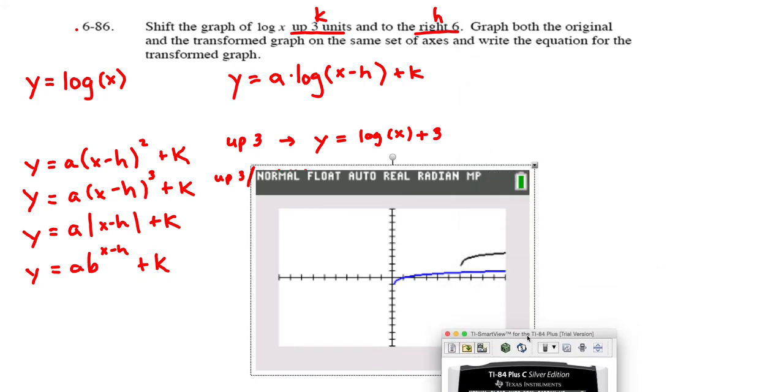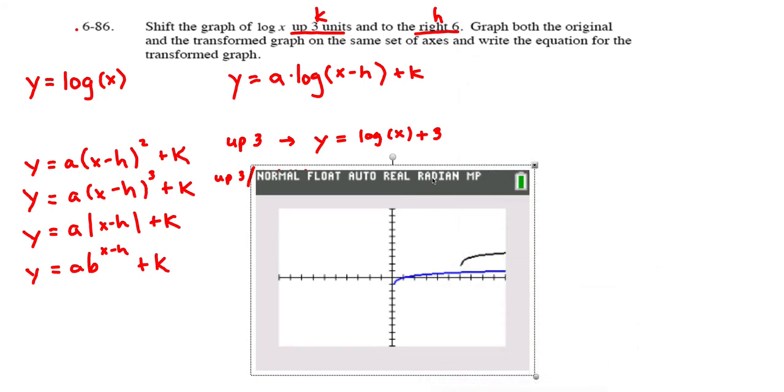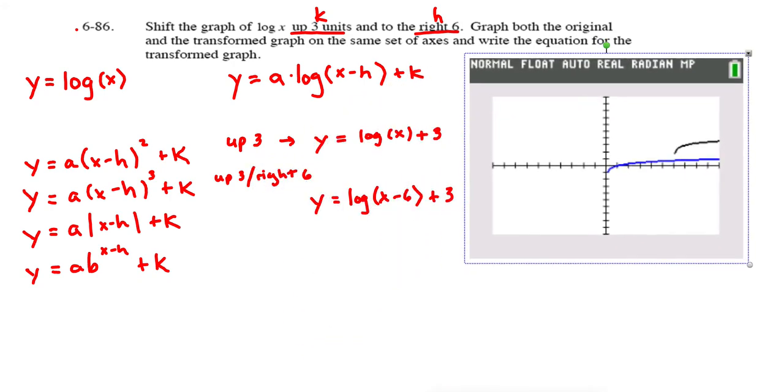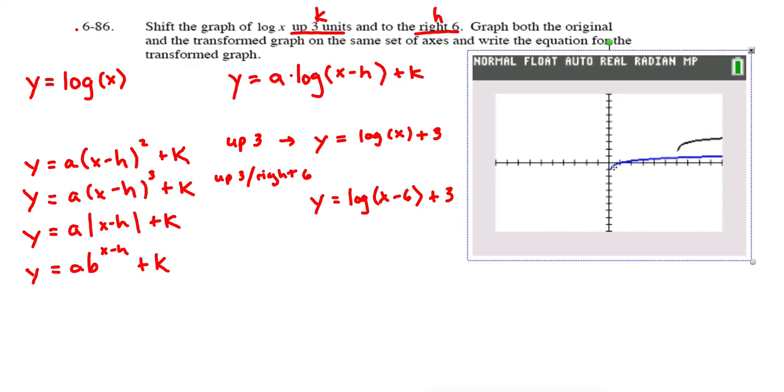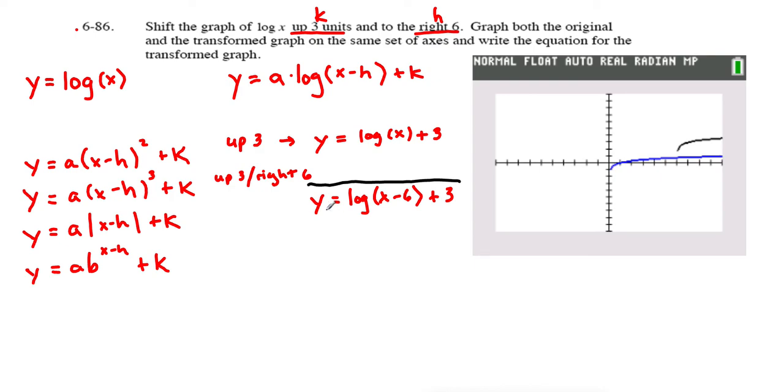Let's put our calculator away. So here would be our original function. Here's the transformed function. They ask us to come up with the equation for the transformed graph. That would be y equals log of the quantity x minus 6, plus 3. It follows the same patterns and rules as our other functions.